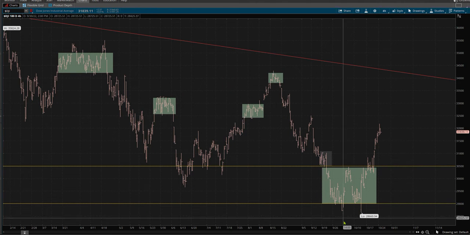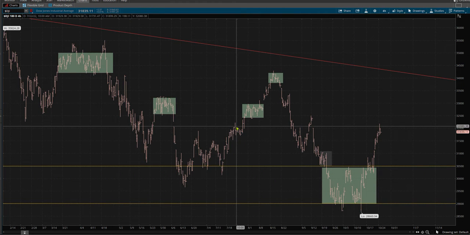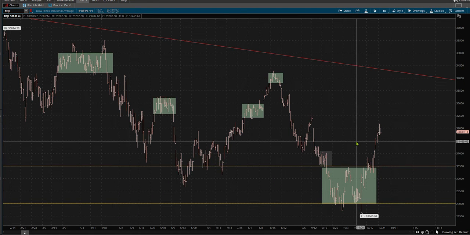So there's a lot more to just trading balance areas. You're going to have to learn these markets, and you're going to have to feel them, and eventually you get to the point where it feels like it's your best friend or your partner. You can almost predict what they're going to do.